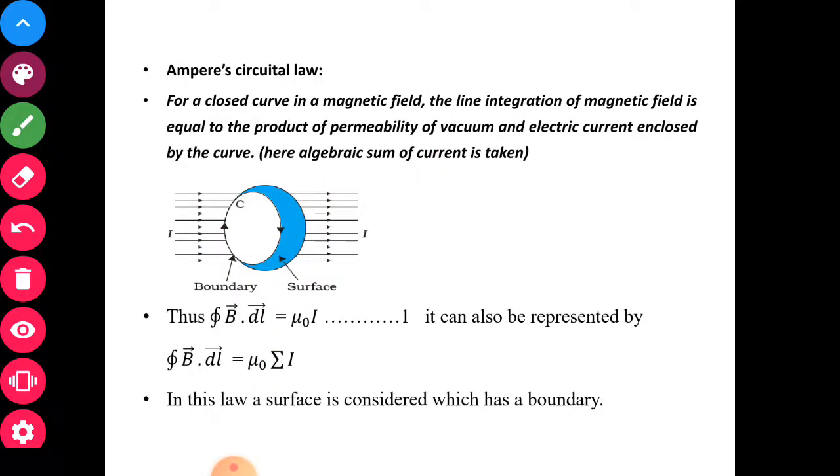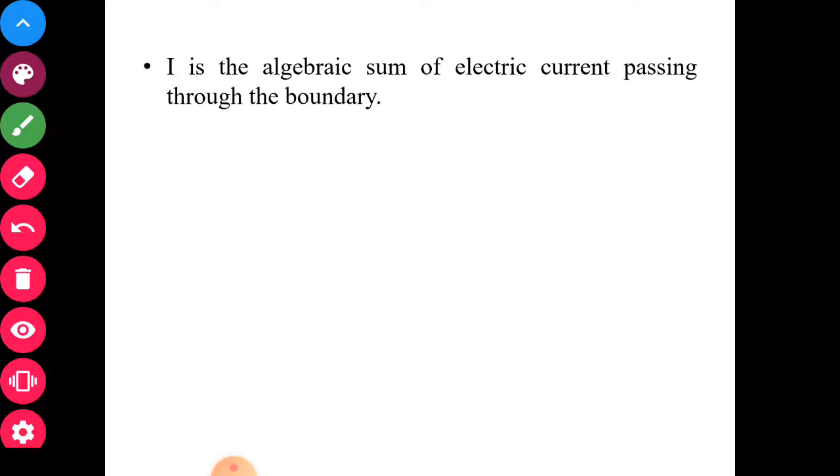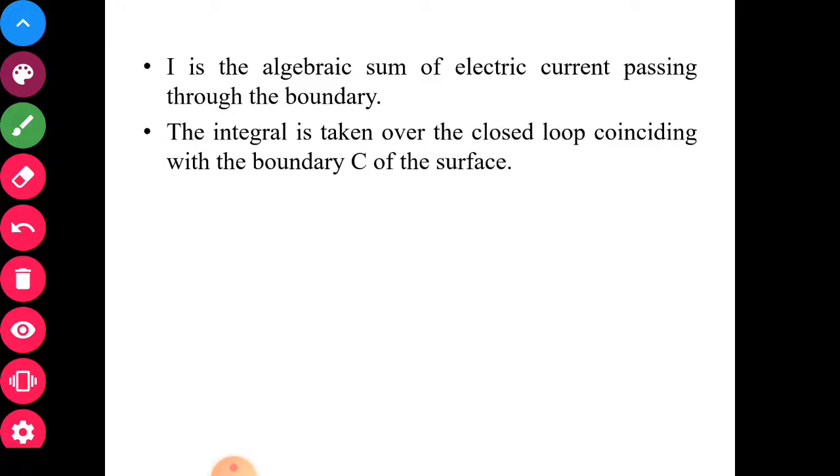Now in this law, a surface is considered which has a boundary, the loop which we are considering. I is the algebraic sum of electric current passing through the boundary. How to take it, I have explained. The integral is taken over the closed loop coinciding with the boundary C of the surface.